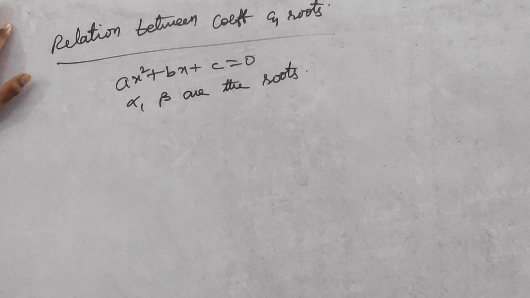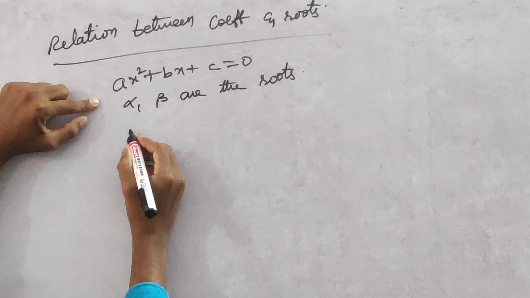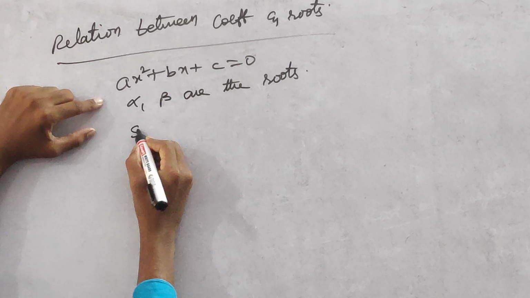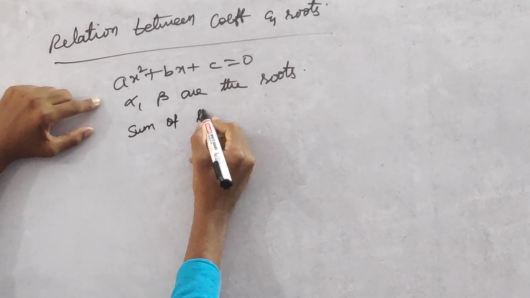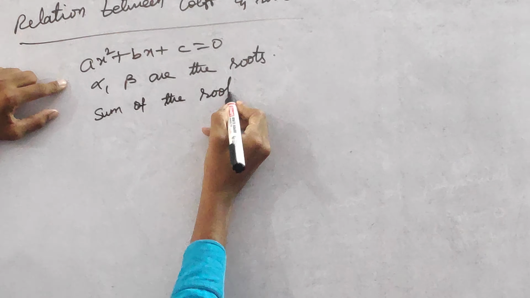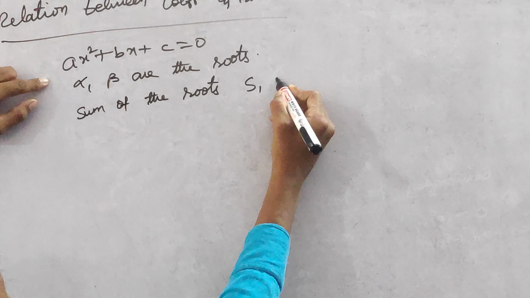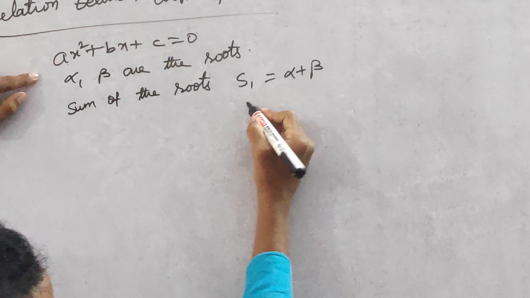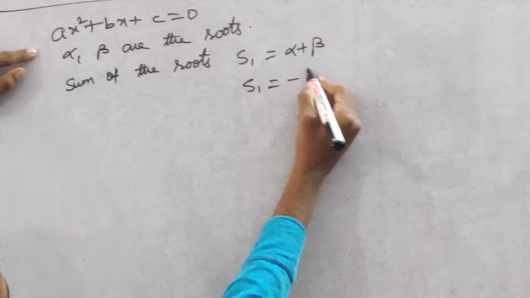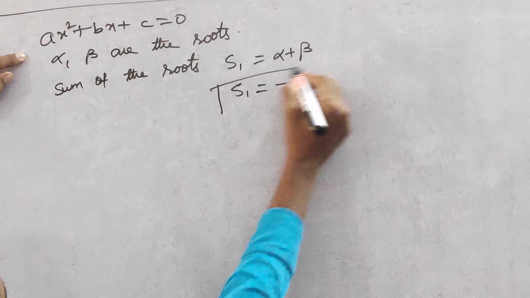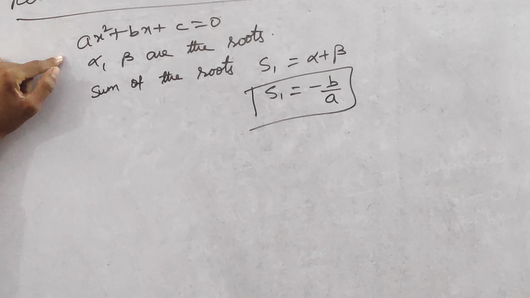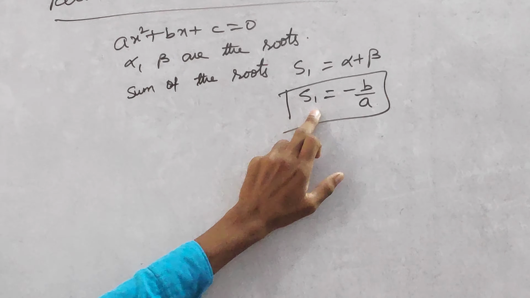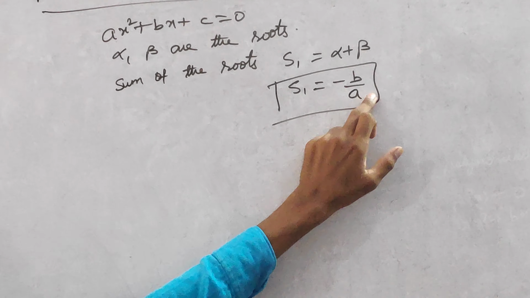First condition is the sum of the roots: S1 is equal to alpha plus beta, which is equal to minus b by a.